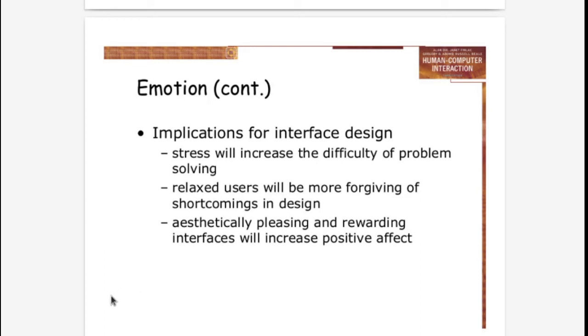While we create any system, we should try to make people not stressed, because relaxed users will be more forgiving of shortcomings in design.